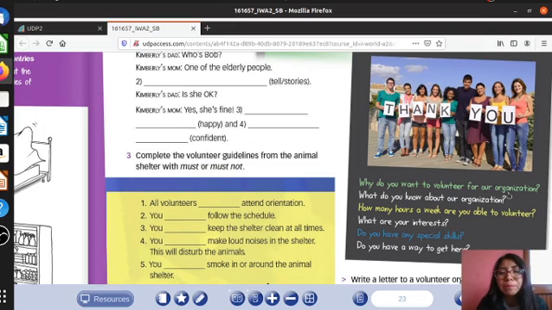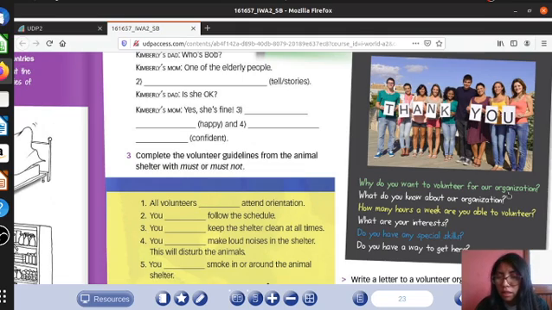How many hours a week are you able to volunteer? Okay, for example, in my case, I can help you on the weekends, because at this time I am free. On a week I can help you on Monday, on Thursday, in the evenings. Okay, that is my time.